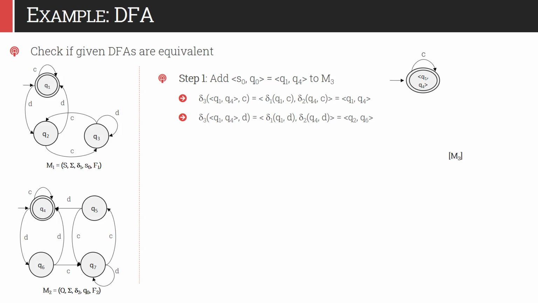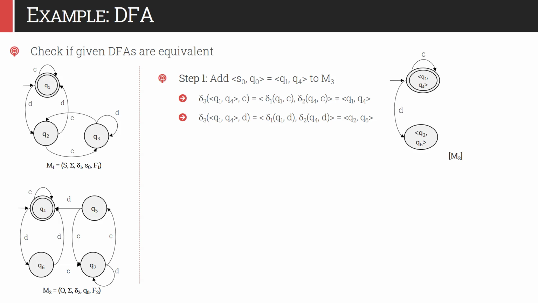So Q2, Q6 is the new state generated in M3. If we read symbol D from Q1, Q4, it leads us to the new state Q2, Q6. Neither Q2 nor Q6 is a final state in the original DFAs, so in M3 it will also not be a final state.